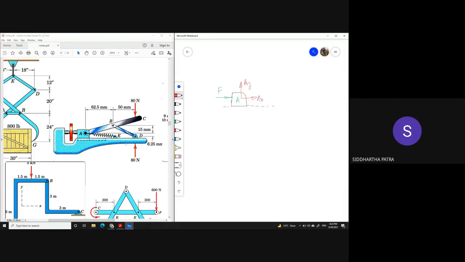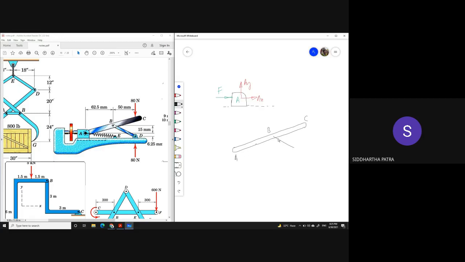Very little is coming from the spring. So now if I draw the free body diagram, the problem statement is to figure out this F right here. So if I draw the free body diagram of ABC, can you identify that BD is a two force member? Can you see that this BD is a two force member?